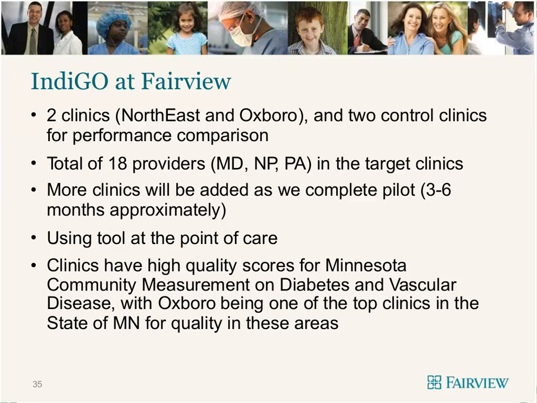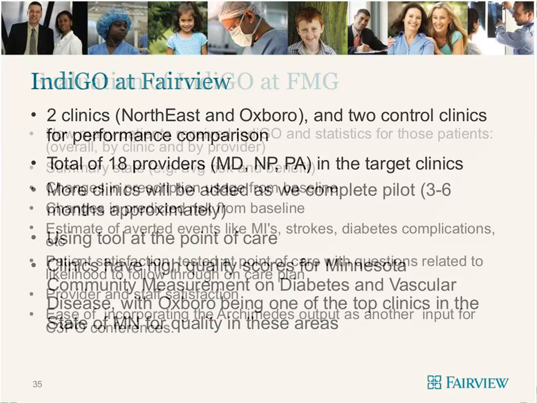How can we translate that with people at Minnesota Community Measurement and make sure that additional credit is received by Fairview and my clinics for providing this additional level of quality delivery to people? And the people at Minnesota Community Measurement realize the limitations of treating quality clinical changes as pass-fail.